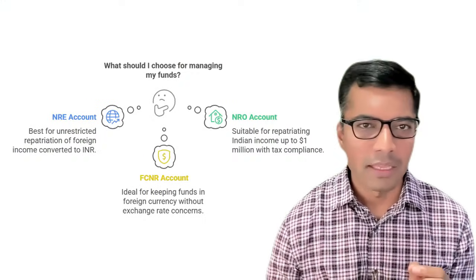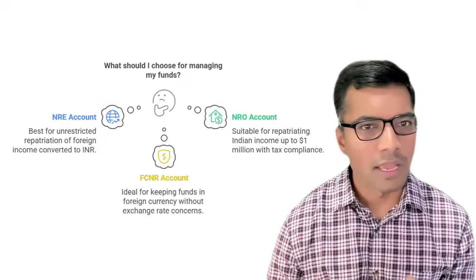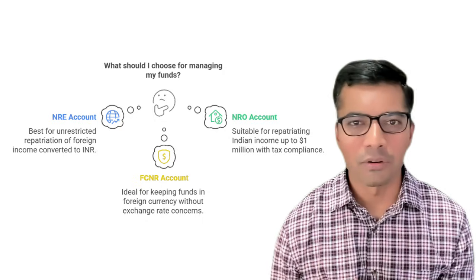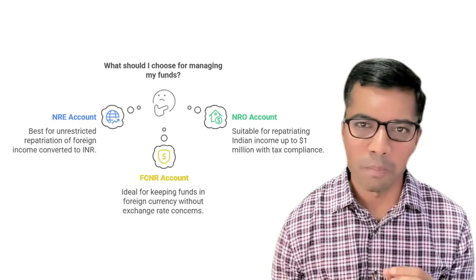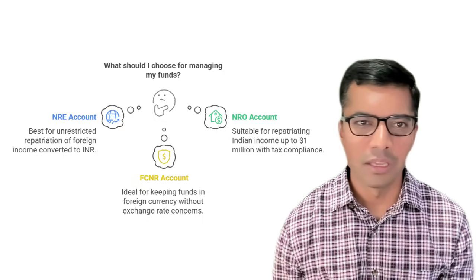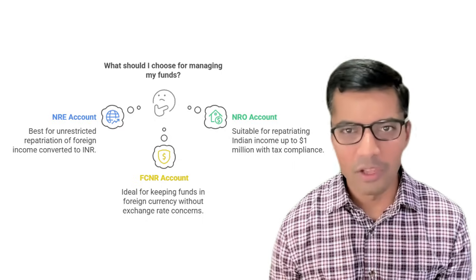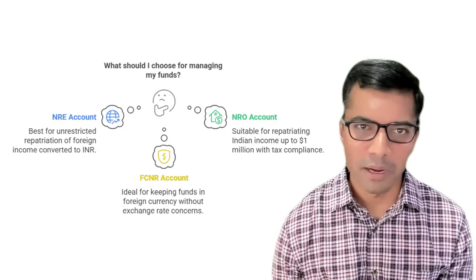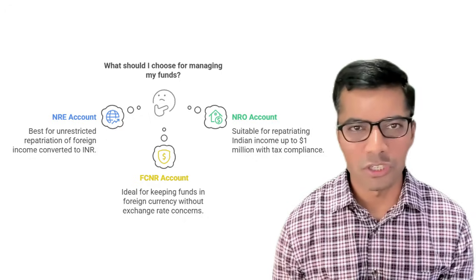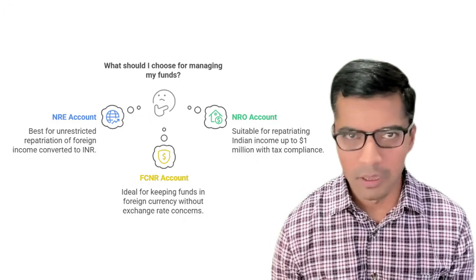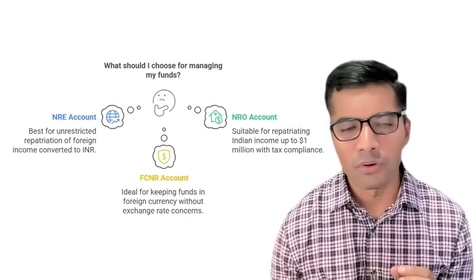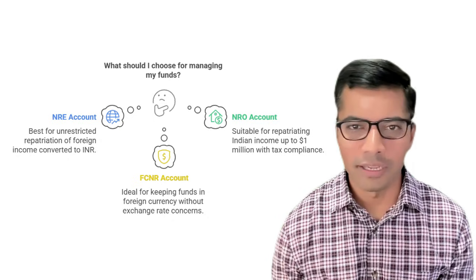Before you transfer money, you need to understand your bank accounts in India, and here is a detailed breakdown. An NRE account, also called non-resident external account. This account is your best bet for repatriation. Since it holds foreign income converted in INR, you can freely transfer money abroad without restrictions or extra paperwork. NRO account, which is non-resident ordinary account.